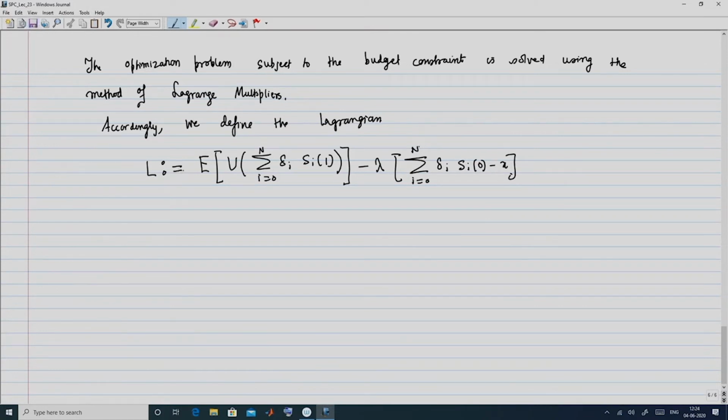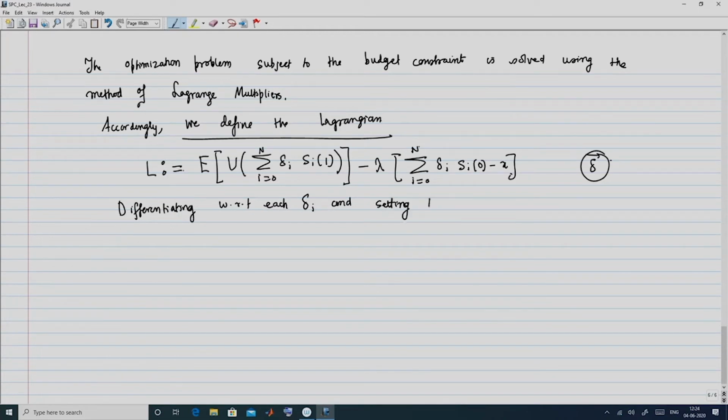So, what do you do? We basically want to do the optimization with respect to delta. So, delta is nothing but delta naught, delta 1 all the way to delta n. So, accordingly, in order to determine the optimized delta i's, we start by differentiating L with respect to each delta I and setting the derivative equal to 0.